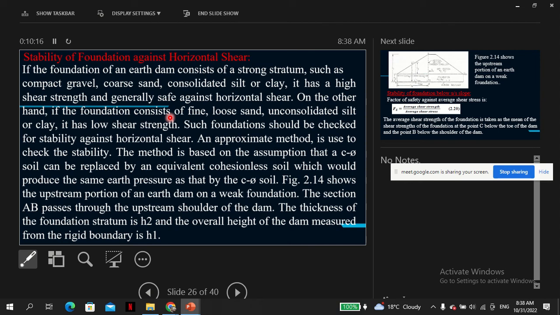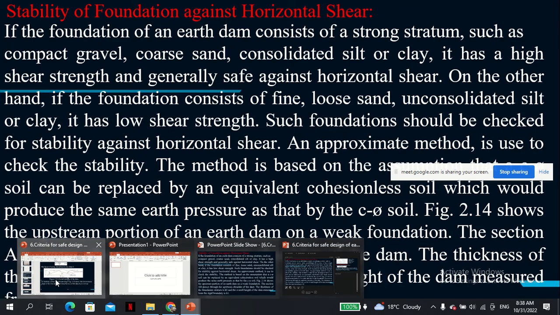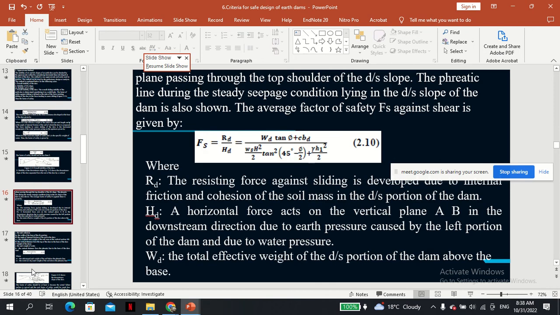An approximate method is used to check the stability. Some error here.